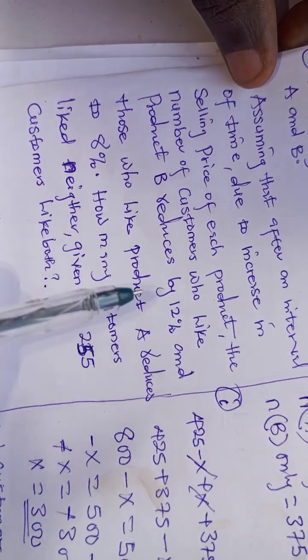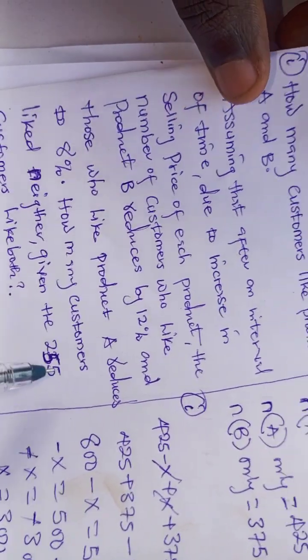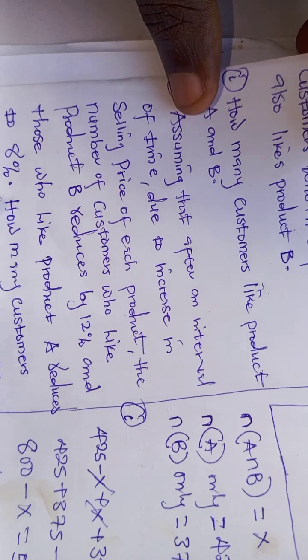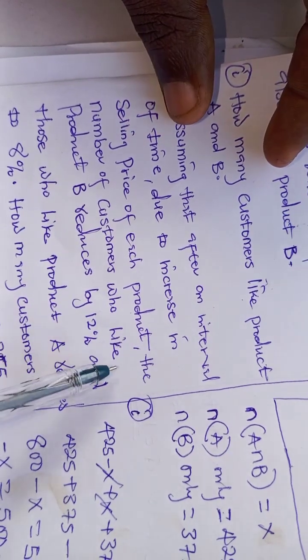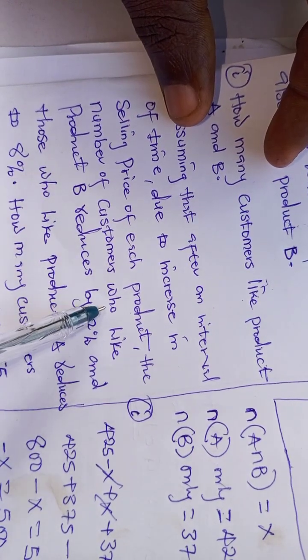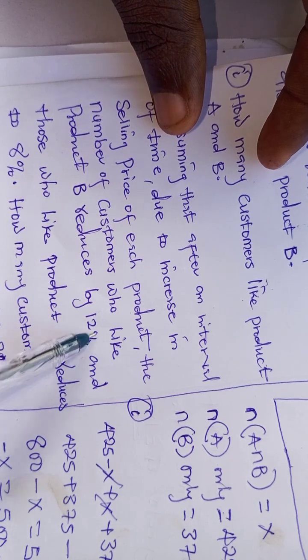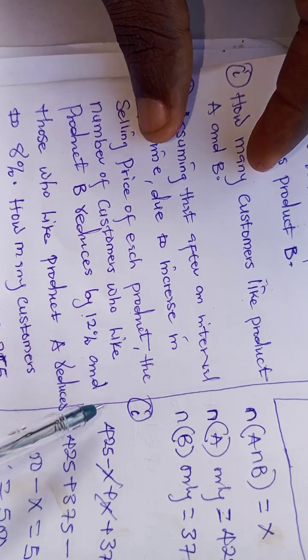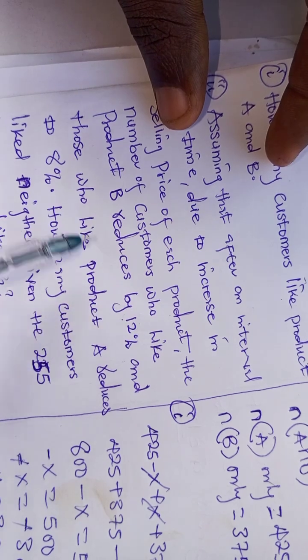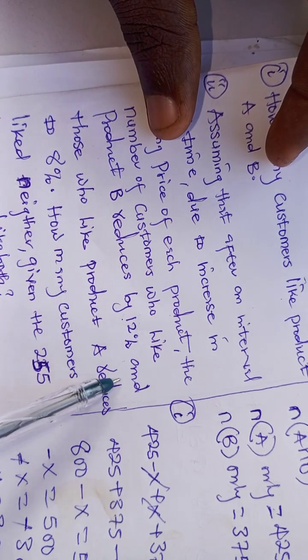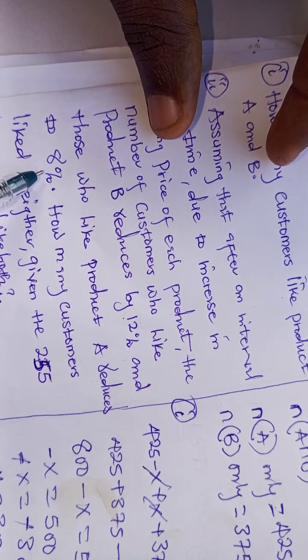So if you check well from question II, you'll notice that there are some percentages on it. The number of customers who like product B reduces by a certain percent, which is this 12%, and the number of customers who like product A reduces also by a certain percent, which is 8.